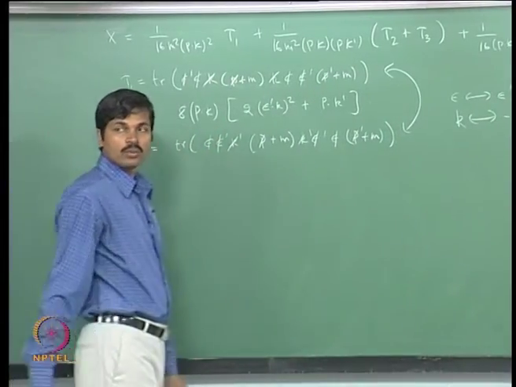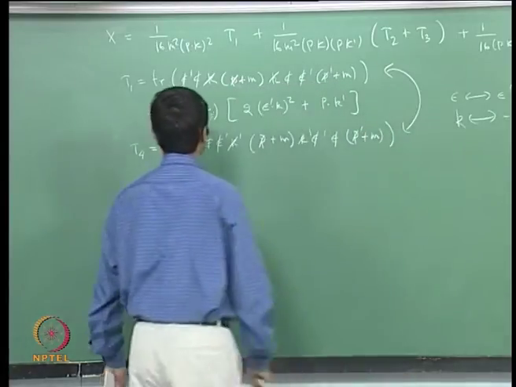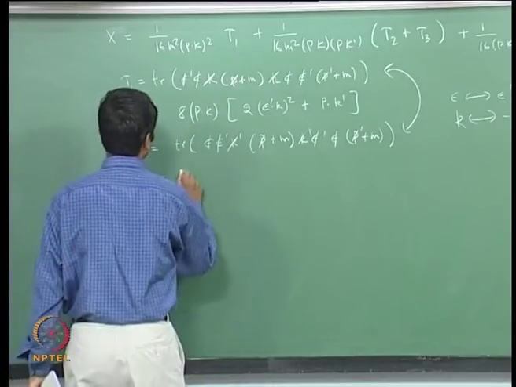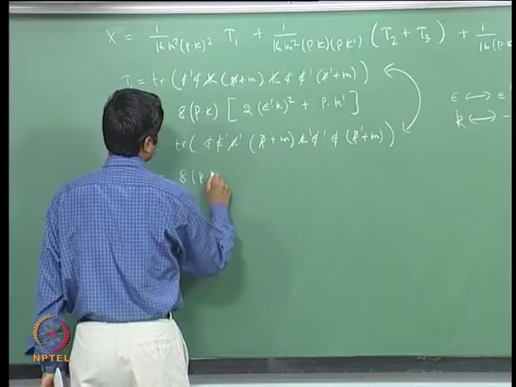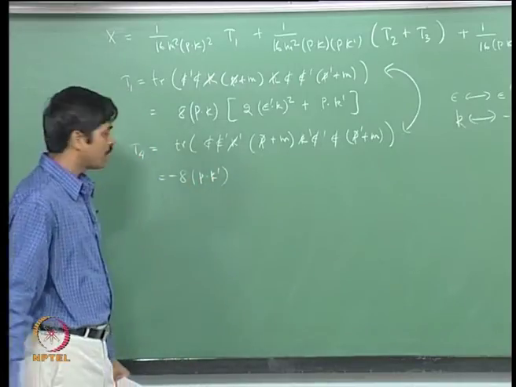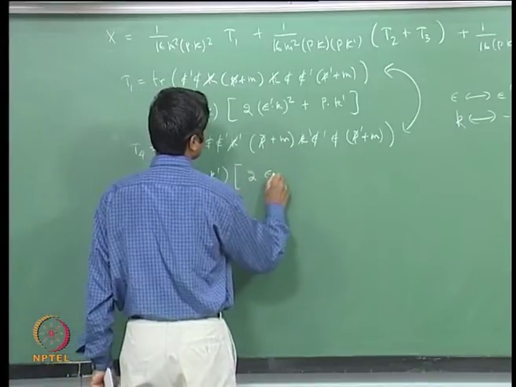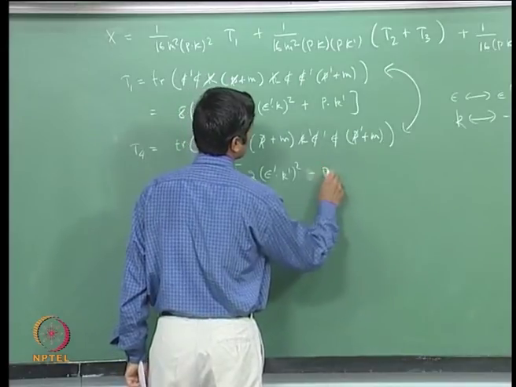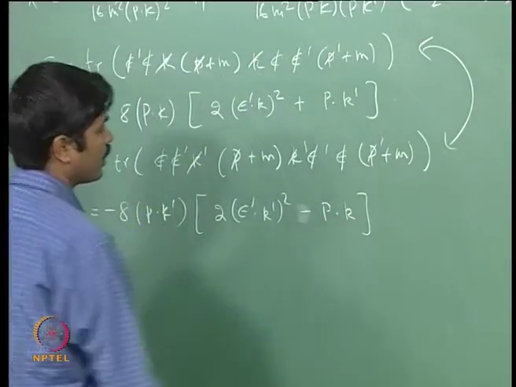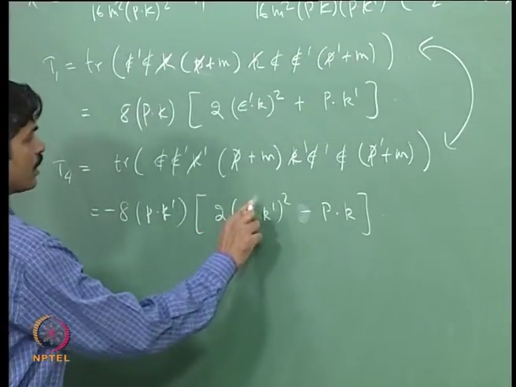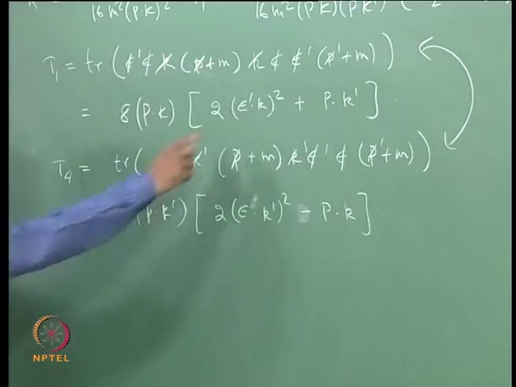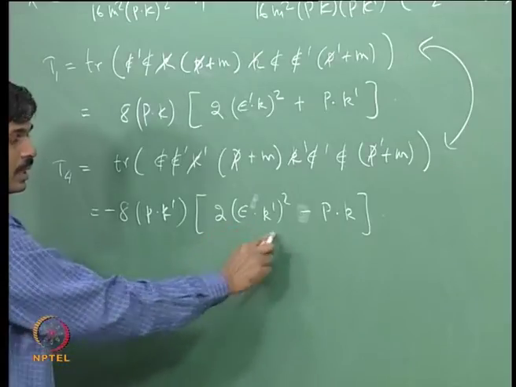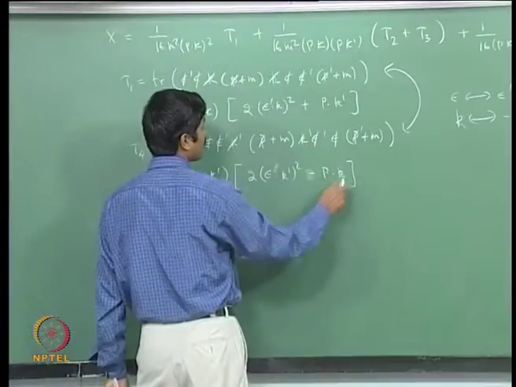It is simply 8 p·k′ with a minus sign and then twice ε′·k′ squared plus minus p·k. Ε′ goes to ε, k goes to −k′, but there is a whole square, so this is twice ε·k′, and here k′ goes to −k.